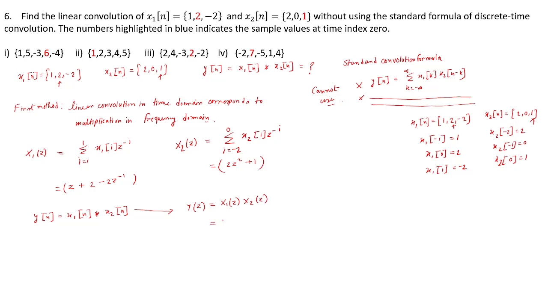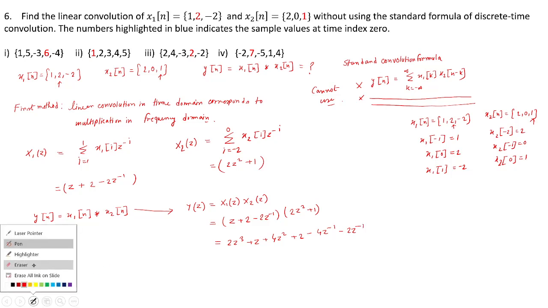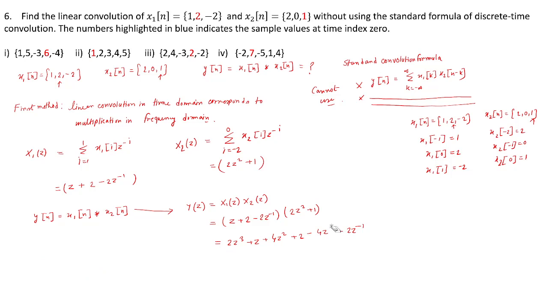We substitute the expressions here: (z plus 2 minus 2z inverse) times (2z square plus 1). We get 2z cube plus z plus 4z square plus 2 minus 4z inverse minus 2z inverse. It should not be minus 1 here; the penultimate term is 4z.